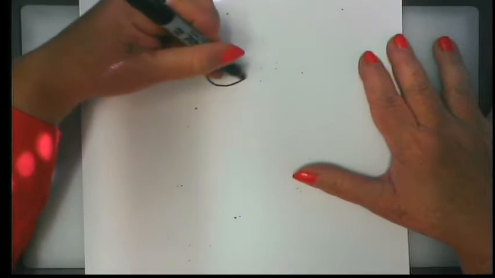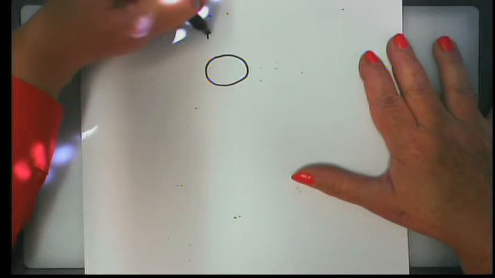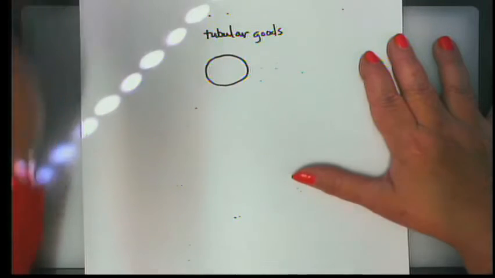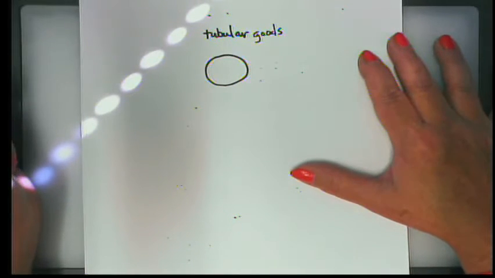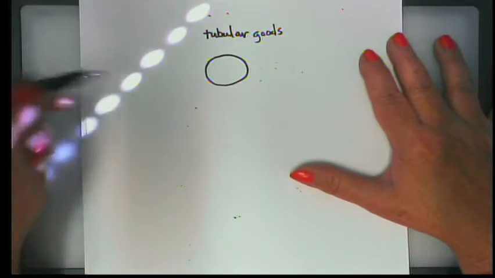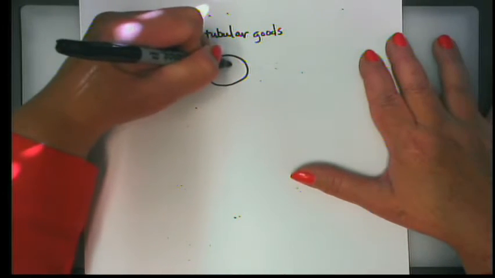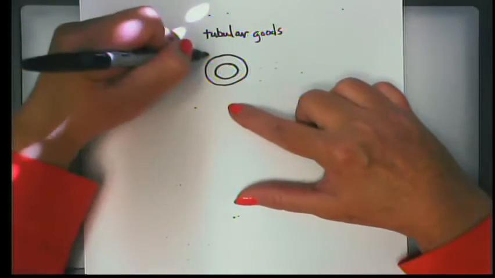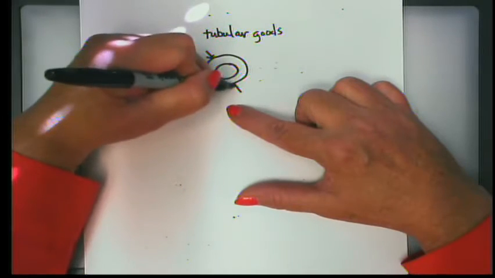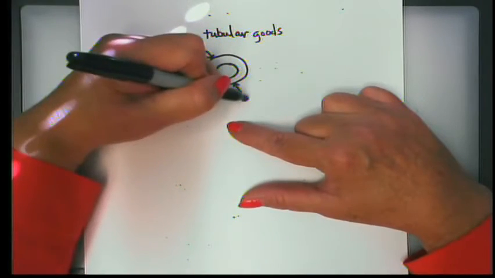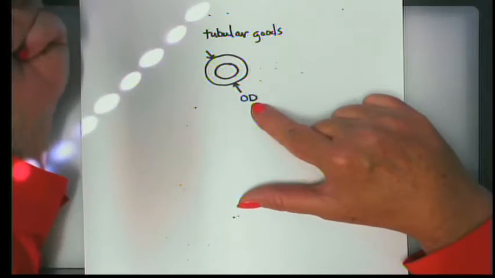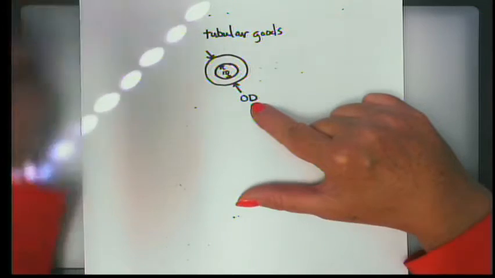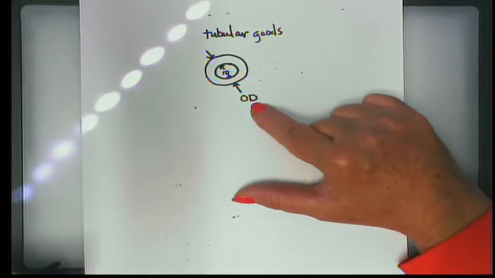In tubular goods, like pipes or bones, bones, if they're not bird bones, are, well, I think even bird bones are full of marrow, so that all of the structural strength is in a ring like this, okay? And the distance from here to here is often referred to as the OD, or the outer diameter, and the distance from here to here is often referred to as the inner diameter.